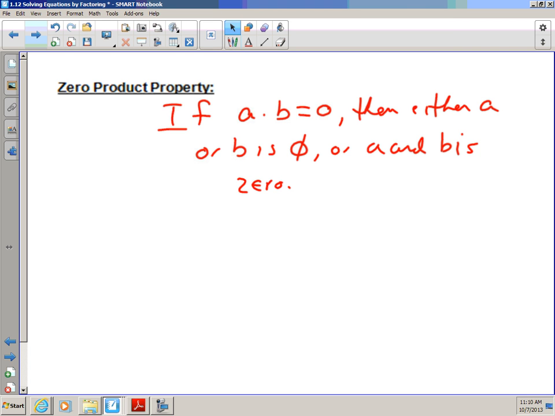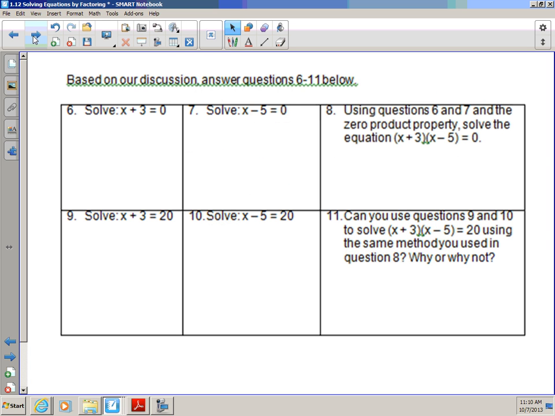Now, what's the relevance of that? Well, we're going to take a look in a second. Let's look at this following table here. If I wanted to solve x plus 3 equals 0, clearly x is negative 3. And if x minus 5 equals 0, we clearly know that x is 5. Well, are both negative 3 and 5 a solution to the equation of multiplying both of these?